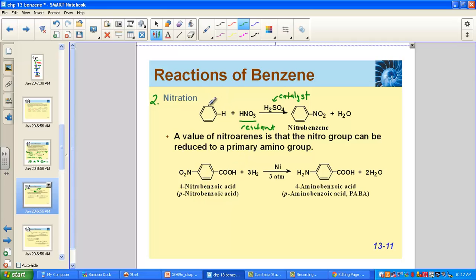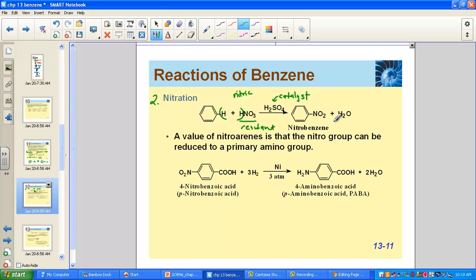We have a benzene, and again there are hydrogens on each of the carbons, so we select one to focus on. We're adding a second reactant, concentrated nitric acid, spelled N-I-T-R-I-C, in the presence of the sulfuric acid catalyst. Now let's take a closer look. I'm cleaving off this hydrogen, and I'm separating this hydrogen from the nitric acid.